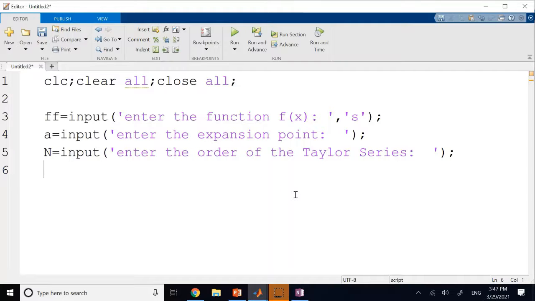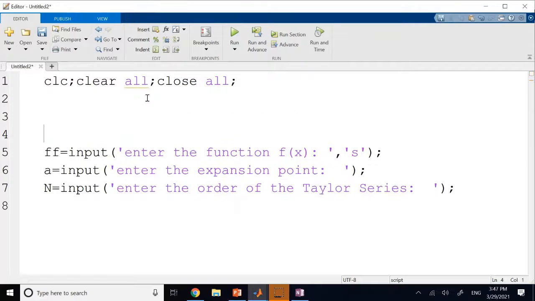So now you want to expand a function that the user enters about a specific point with a specific number of terms. Well, what they enter here, this FF, is going to be a string, not a symbolic variable. Okay, so first, since they're going to enter it as a function of X, before that, you say syms X, and then now let's run it.